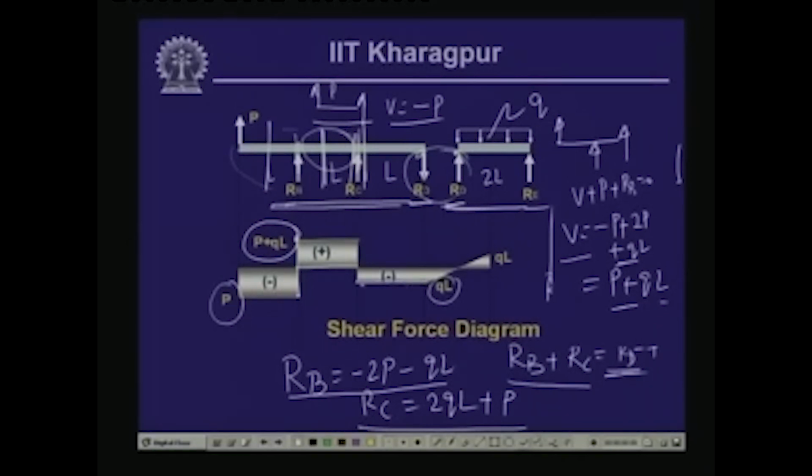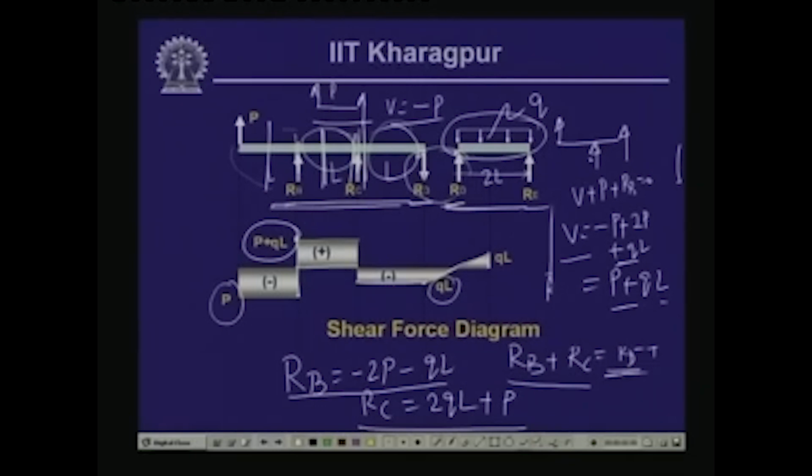So, up to this it is uniform, since we do not have any load in between, and from here it varies Q per unit length over a length of twice L, and so minus QL goes to plus QL, and here it comes back over here. So, this is the variation of the shear force over the entire length of the beam.